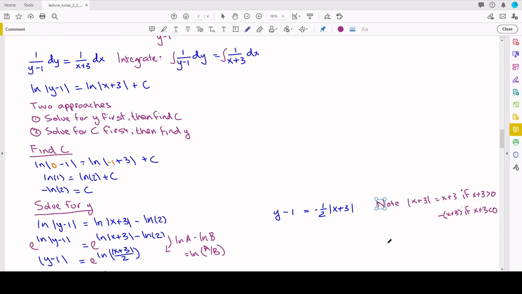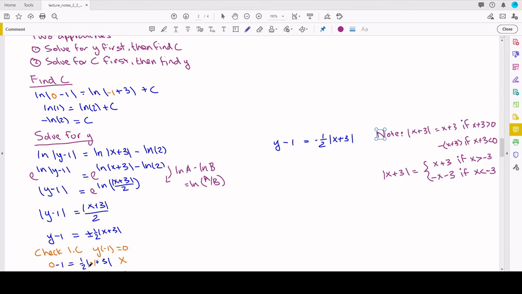If we rewrite that, we have that the absolute value of x plus 3 is equal to x plus 3 if x is greater than -3, and it's negative x minus 3 if x is less than -3. All I did here is rewrite this, subtract 3, and I get x is greater than -3.